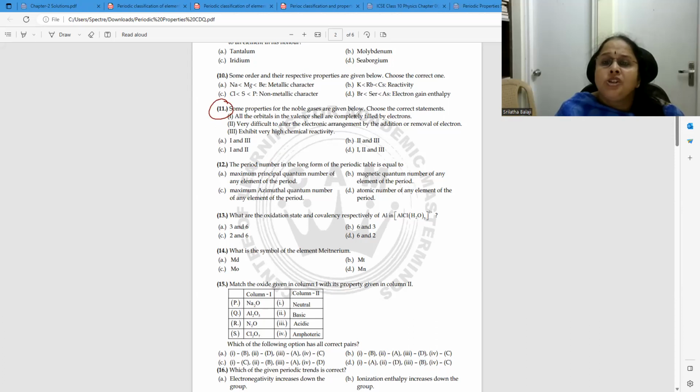All the orbitals in the valence shell are completely filled by electrons. These are the properties of noble gases. What is the configuration of noble gas, children? Unmute yourself and answer.